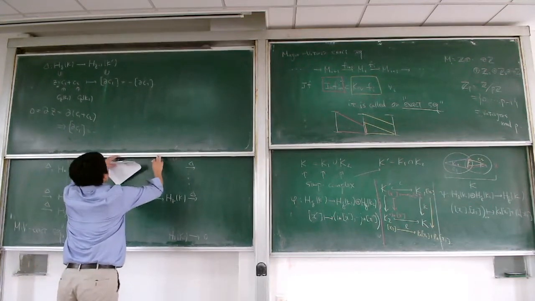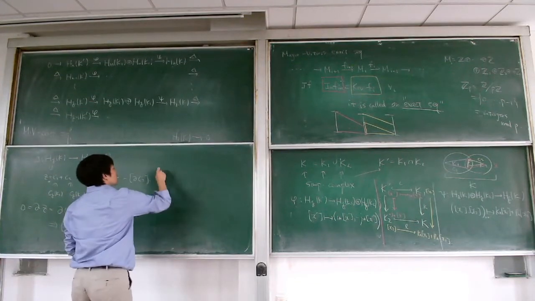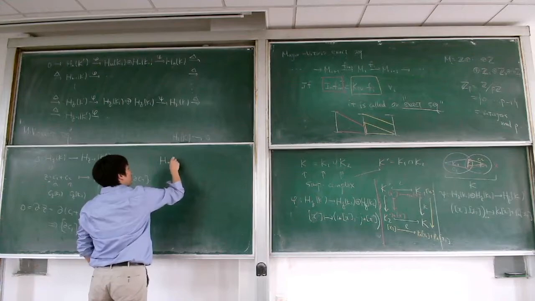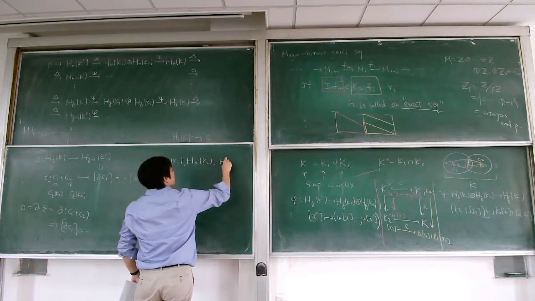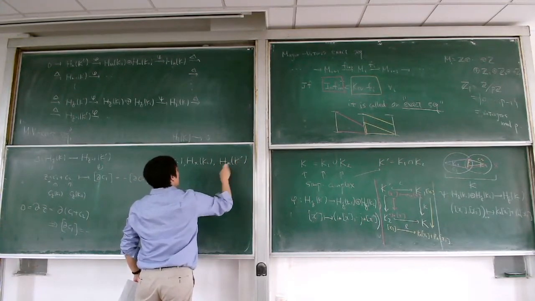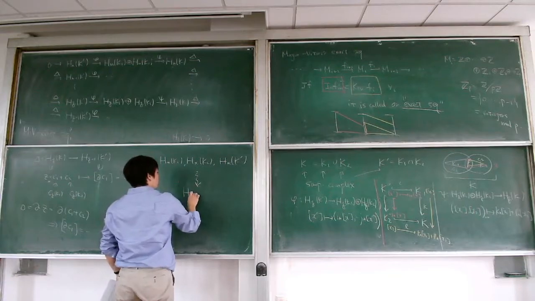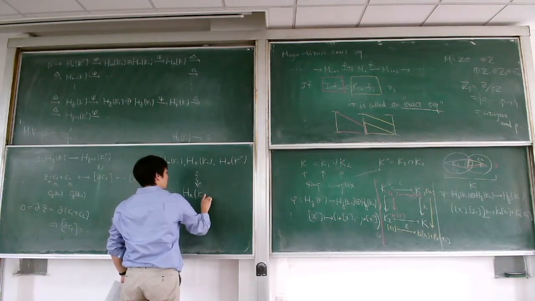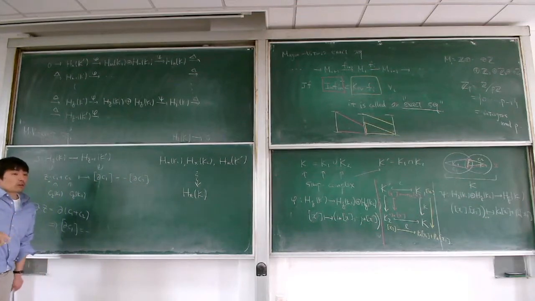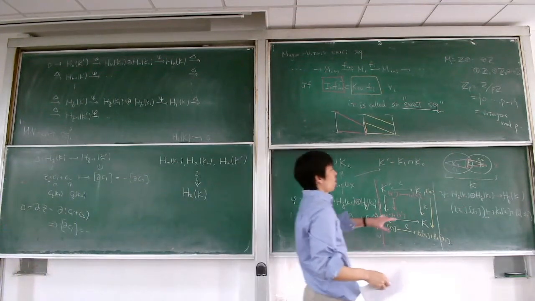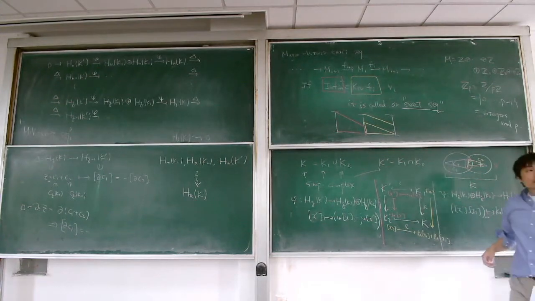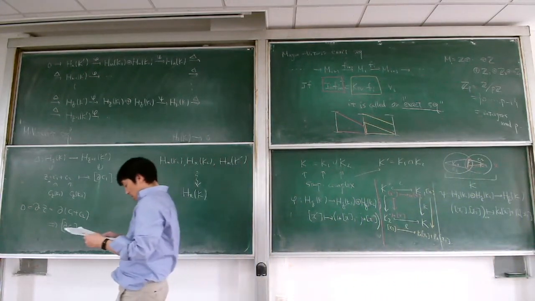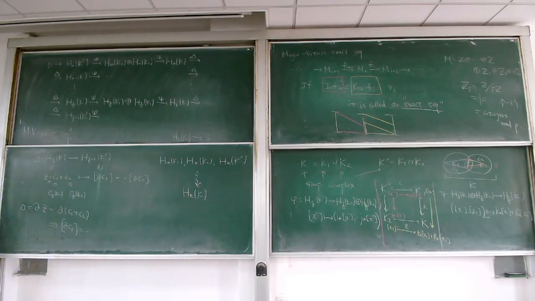Given K1 and K2, if you know the information on K2 and also its intersection K prime, one can compute H star of K. So if you know the homology group of K1 and the homology of K2 and the intersection, you can construct the homology group of the entire space. So that's what the Mayer-Vietoris exact sequence is good for.